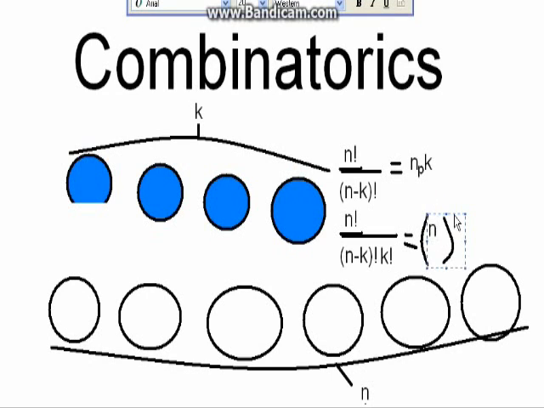You put n on the top, like so, and you put k on the bottom. And this is pronounced n choose k. So this is n permute k, and this here is n choose k. So the amount of different ways you can put n objects into k holes, or k objects into n holes, when you're talking about combinations, is n choose k.